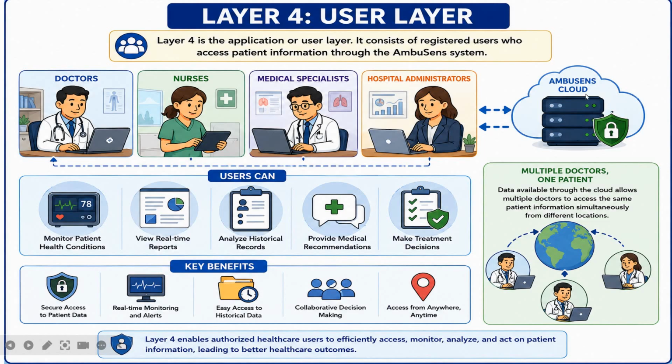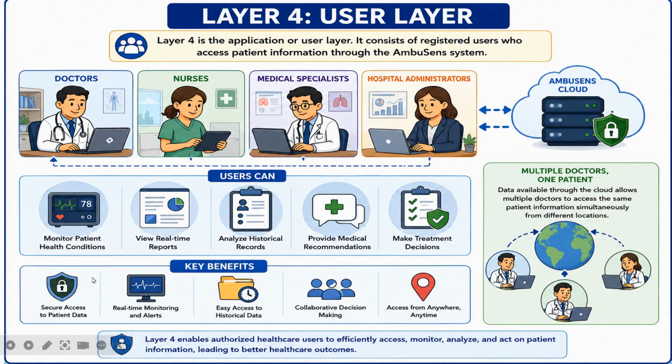So the cloud acts as a central repository where patients' records, reports, and monitoring data are securely stored and made available to the authorized personnel. Now here you can see the major activities which are performed by the users through the AmbuSens system.